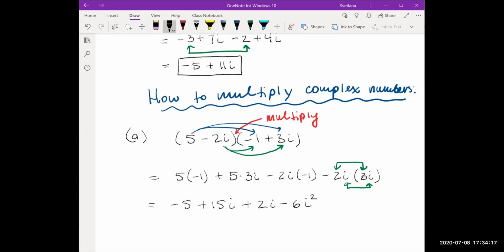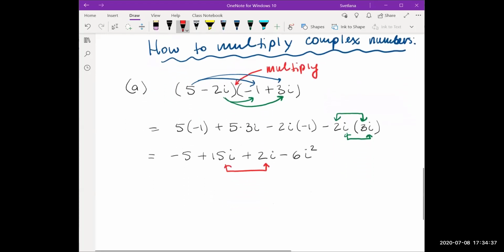Okay, then let's move on, because what's left to do is the following. We need to combine like terms, which here means combining imaginary parts, because I can see how 15i and 2i can be combined. That one is obvious.